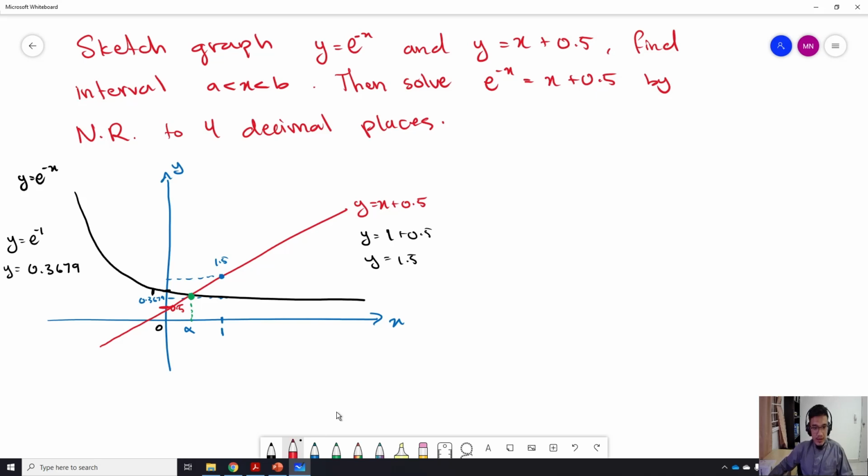So the interval will be in between 0 and 1.